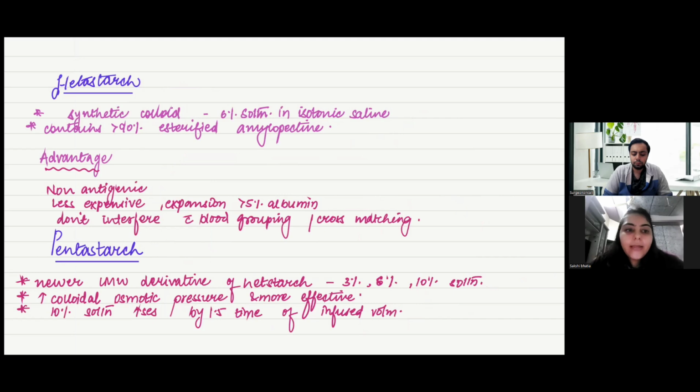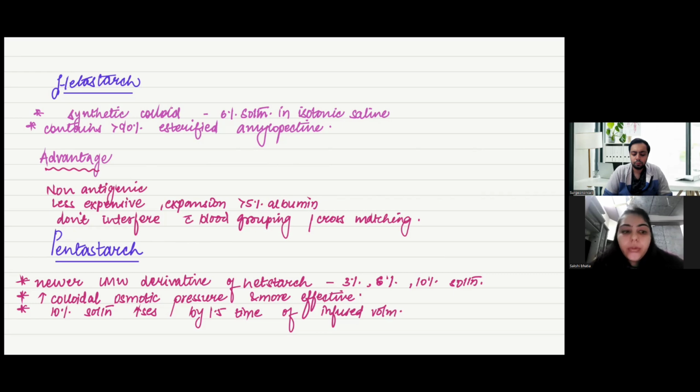Next, we have hetastarch and pentastarch. Hetastarch is a synthetic colloid which is a 6% solution in isotonic saline, and it contains more than 95% esterified amylopectin. The advantage of using hetastarch is it is non-antigenic, least expensive, and doesn't interfere with blood grouping and cross-matching.